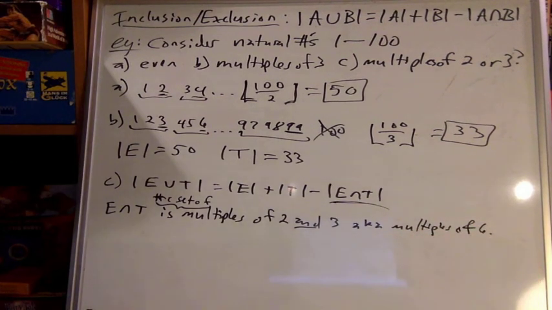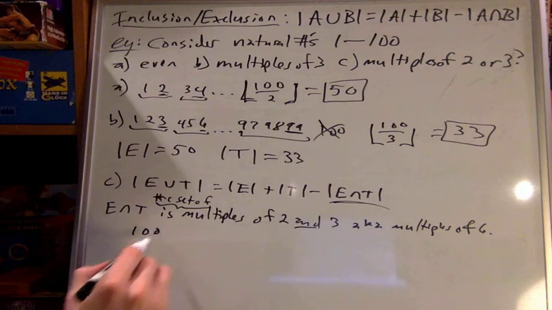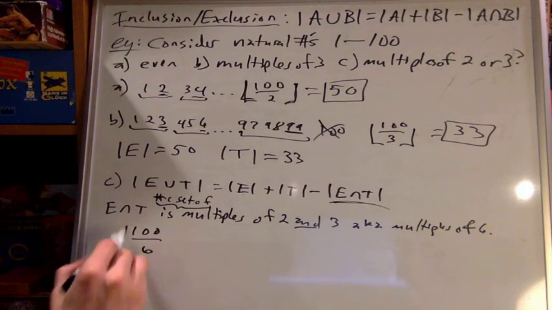Well, we've already got a method for computing multiples of a given number. We're going to take 1 to 100, divide it by 6, and then take the floor.